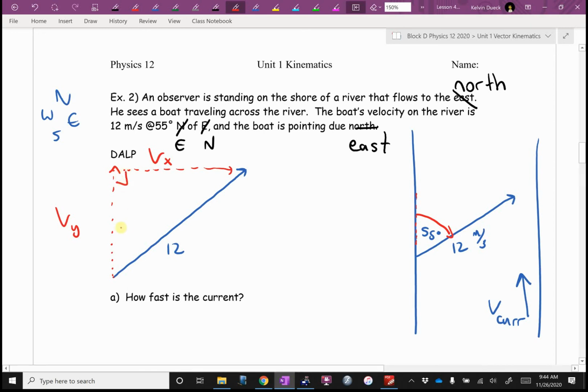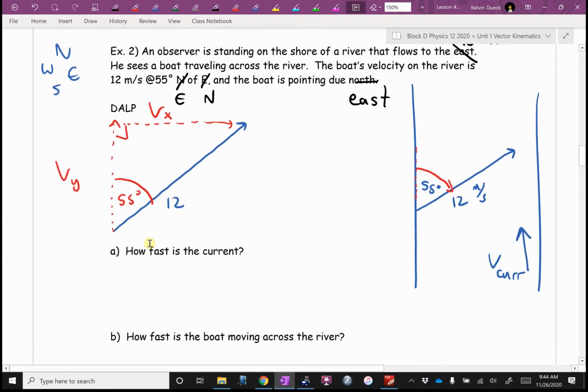Lovely right angle there, and this angle here is 55 degrees. Is that okay? Good. Try A and B on your own.